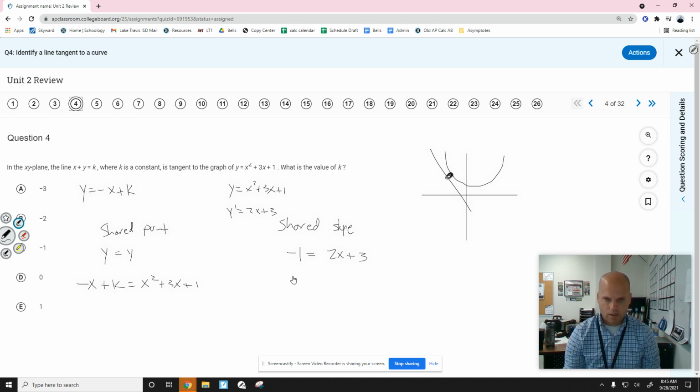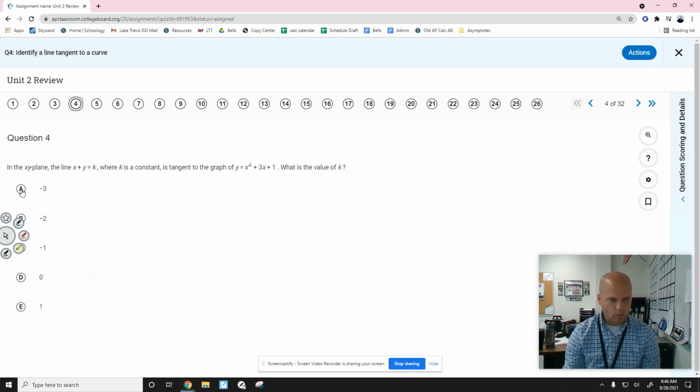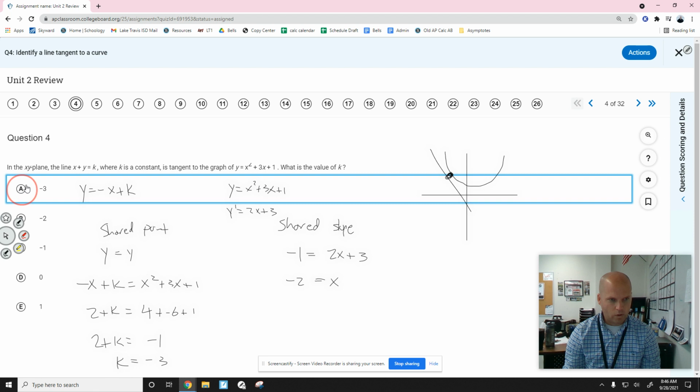I subtract 3, I divide by 2, I get x is -2, -4 plus 3. Then I plug that back in to solve for k. Plugging in -2, it's negative x, so negative -2 is +2. -2 squared is 4. So I get 2 plus k equals -1. k equals -3.